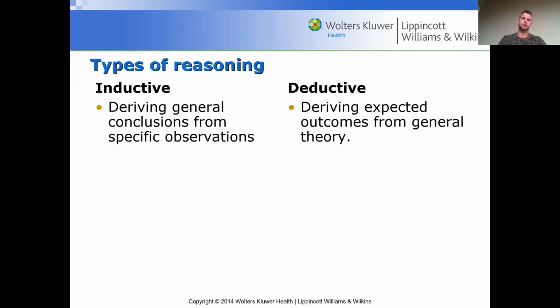Deductive reasoning would be deriving expected outcomes from a general theory, right? So this would be looking at the general and deducing it to, because this is what typically happens, this is what I expect to happen in this case as well, okay? So again, right now, dark clouds are coming in. Typically, when we have dark clouds, comes the rain.